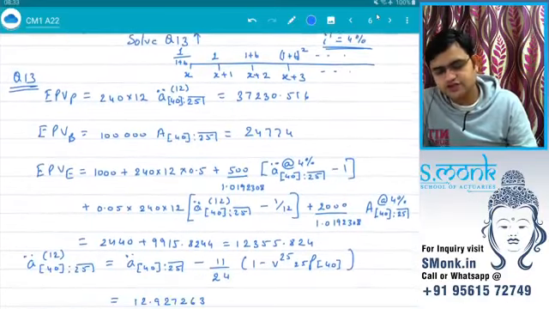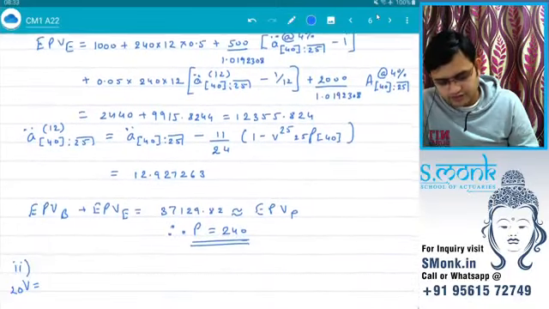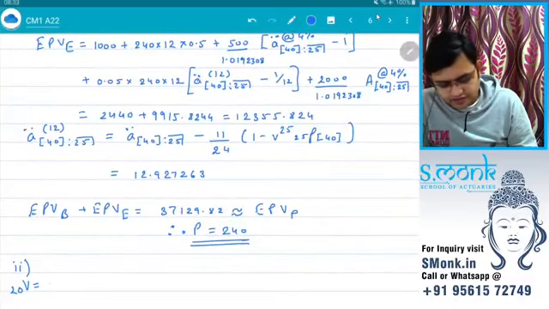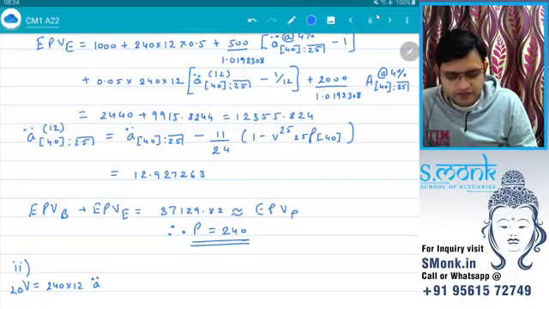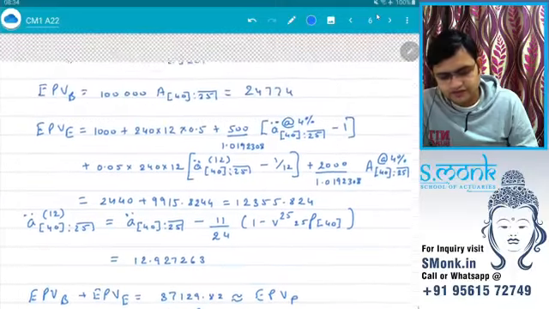Because it is gross, we'll say it is premium minus benefit minus expenses. The premium will have 240 into 12 A due going for only 20 years, payable 12 times. This is our premium minus benefit.